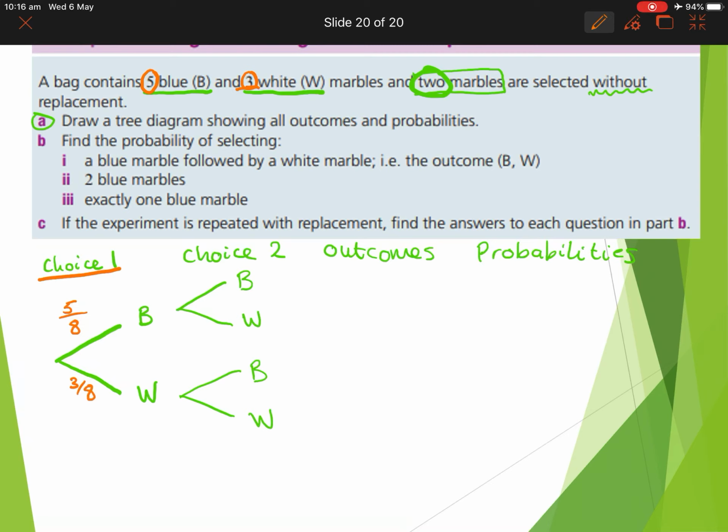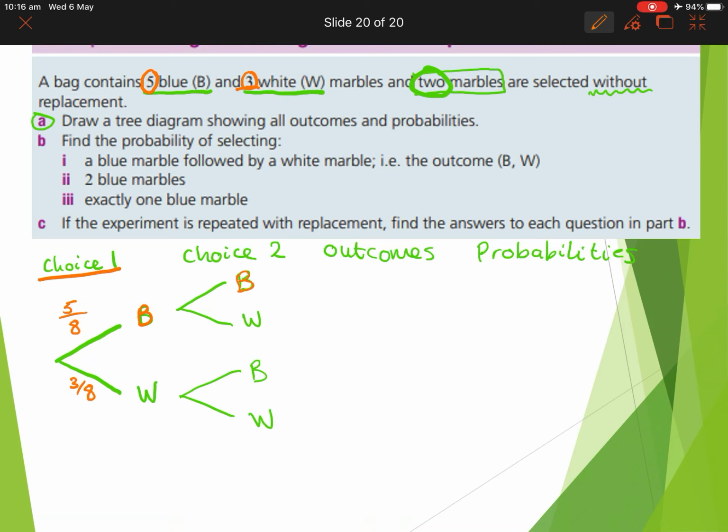The next choice, okay, so choice 2, the probability of getting a blue, so we're doing this blue, okay. However, because it's along this line, we've already chosen a blue previously, and we haven't put it back into the bag.